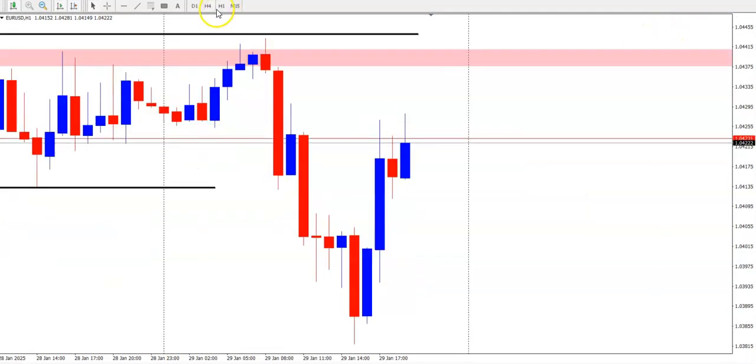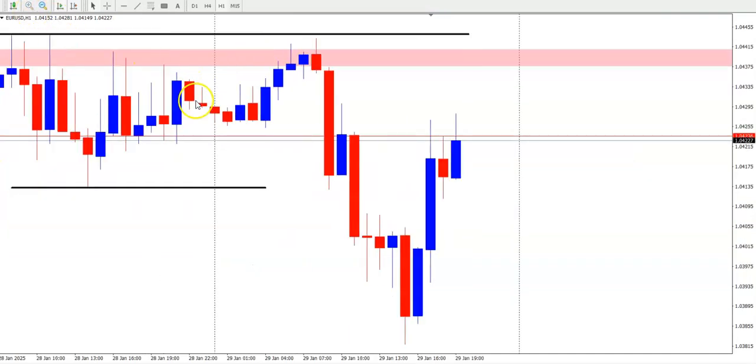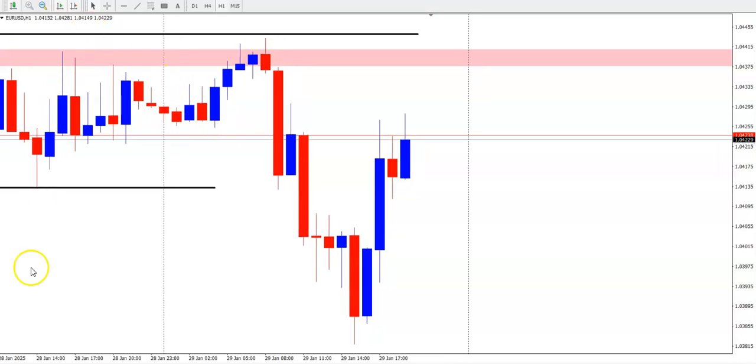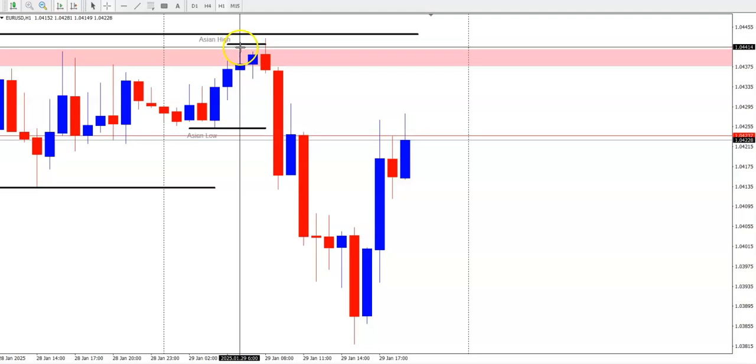Now on the 1 hourly, of course, when we start our trading session before London opens, we have to mark also the Asian session lows and Asian session highs. So as you can see, this is the Asian session low, and this was the Asian session high.